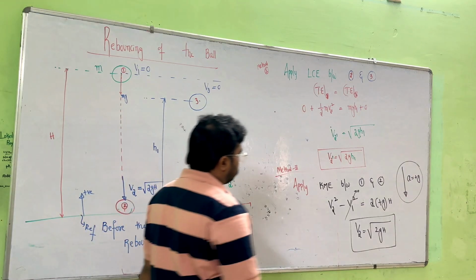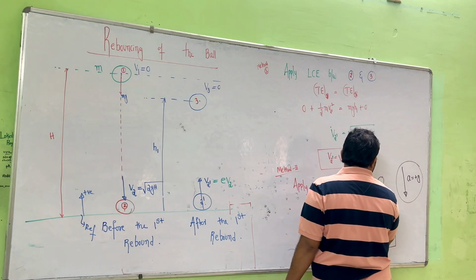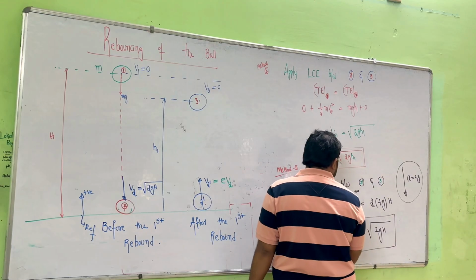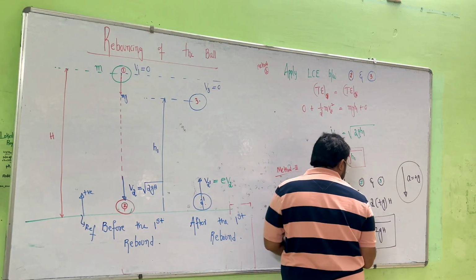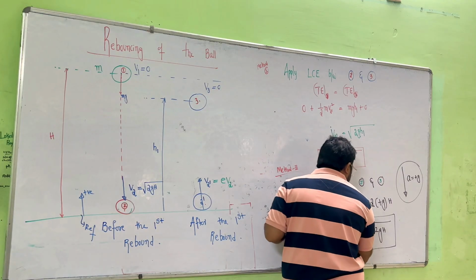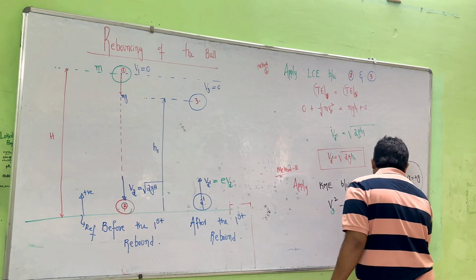Understood or not? Between 2 dash and 3, final v3 squared minus v2 dash squared. This acceleration is how much?